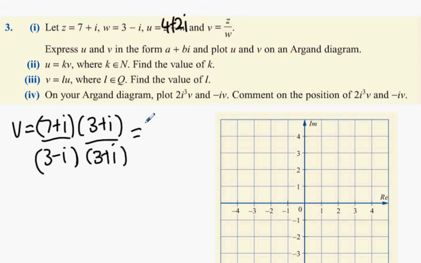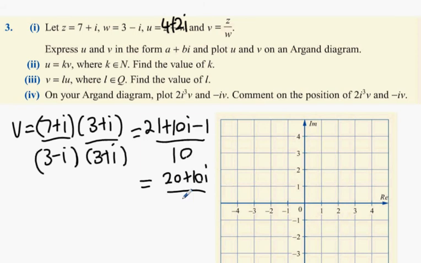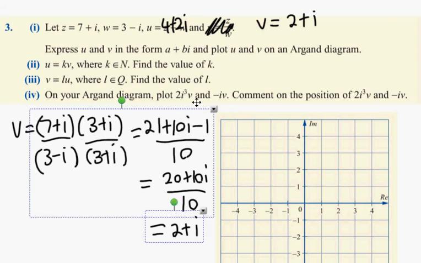It's going to be 21 plus 10i, and it's going to be minus 1. On the bottom it's going to be 10, and it's going to end up being 20 plus 10i over 10. We've done so many of these. It's going to be 2 plus i. Is everybody happy with V being 2 plus i? Okay, nothing you haven't done at least 10 times before now.